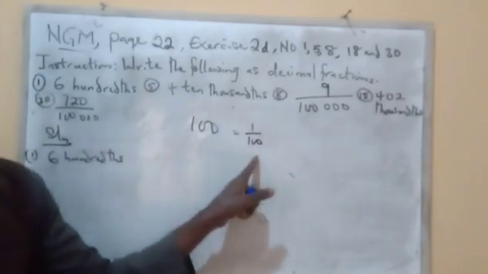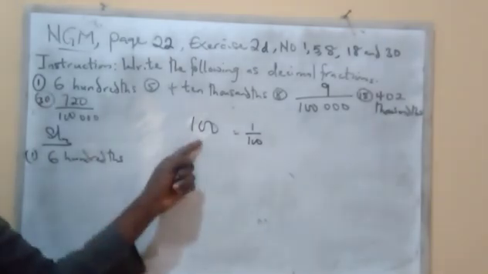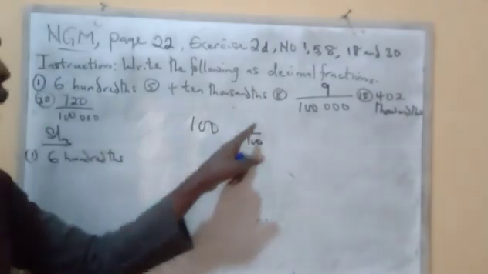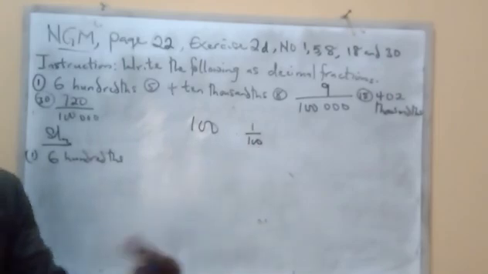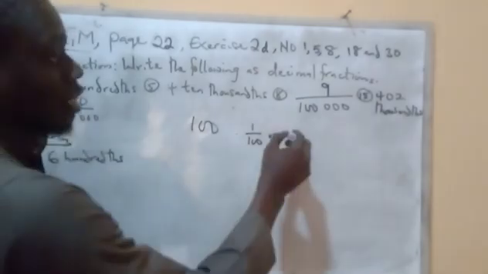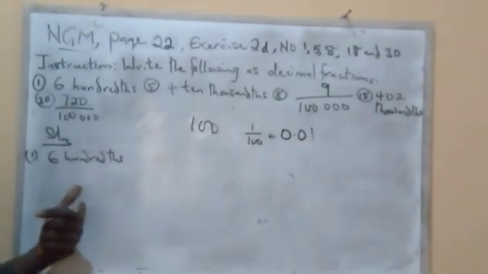This is hundreds when it is written. Right here is 100. This is 1 over 100, which is hundreds. And this can also be interpreted, in the decimal fraction, as 0.01.